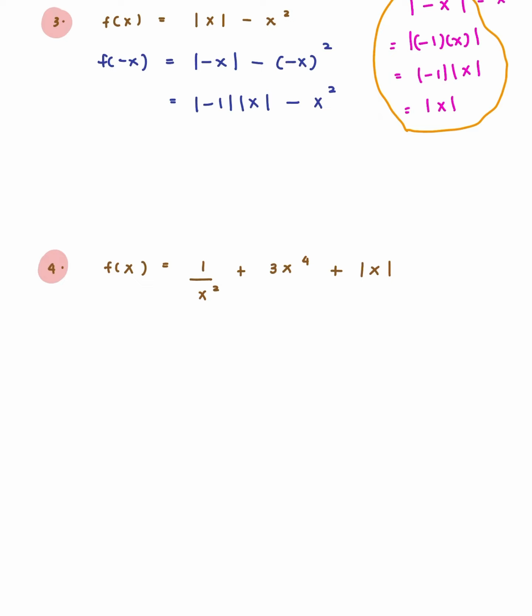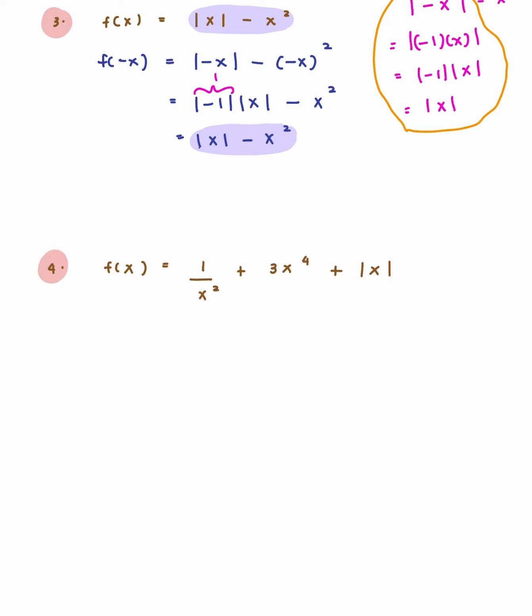You don't have any negative. Modulus of negative 1 is 1. 1 times modulus of x, maintaining that modulus sign, minus x square. Okay, so right now, is it the same as the question? This is your answer, this is your question.